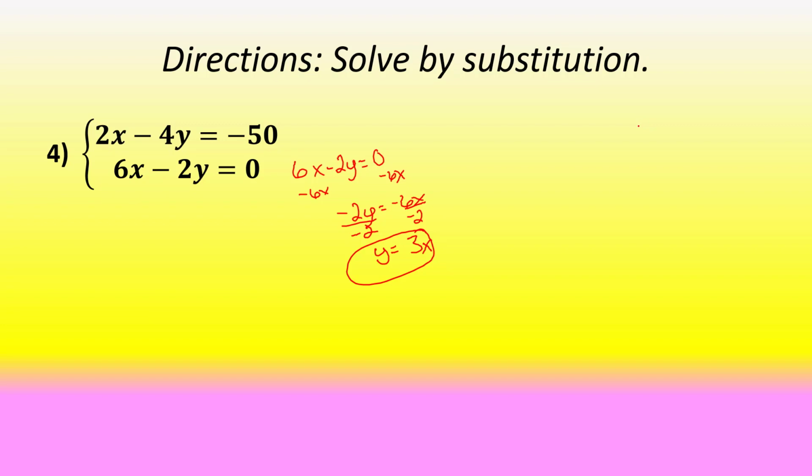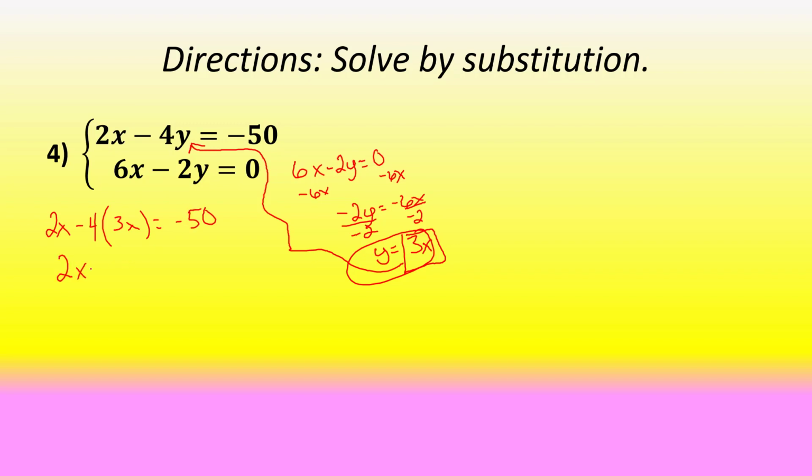All right, since y is equal to 3x, we can now take that 3x that we just said y is equal to, and we can plug it in to my other equation anywhere I see y. 2x minus 4 times whatever we just said y was, 3x, equals negative 50.